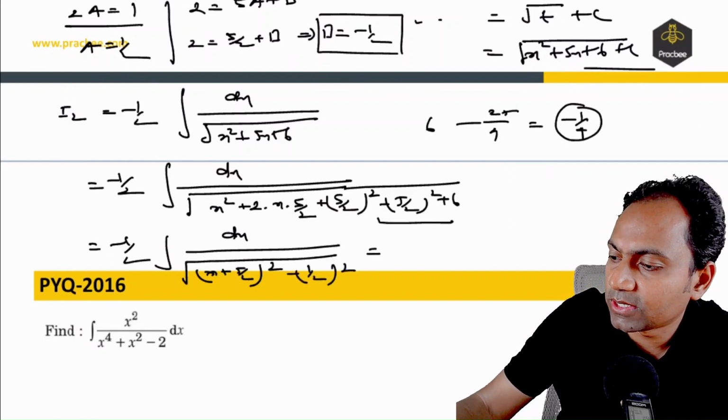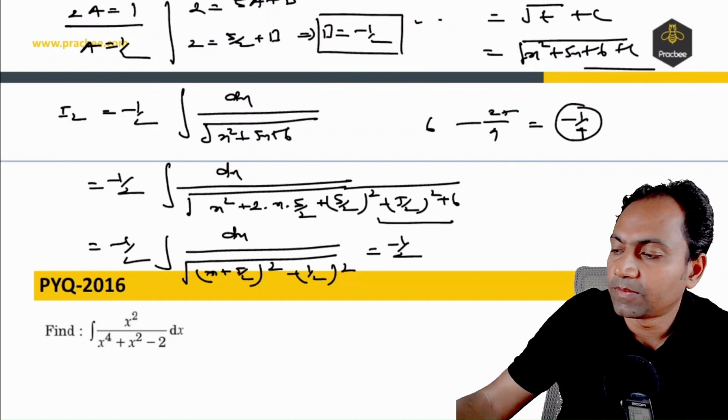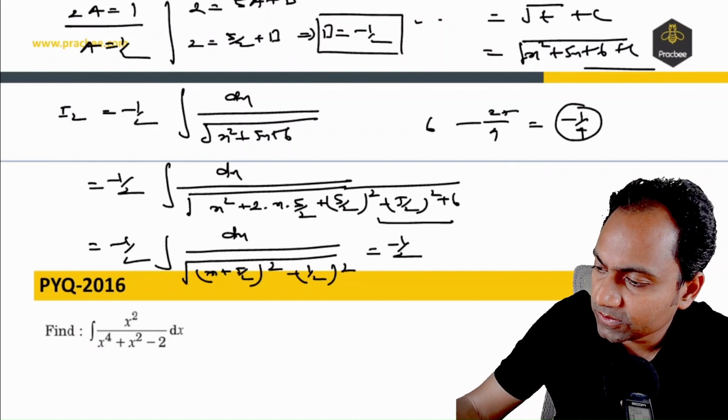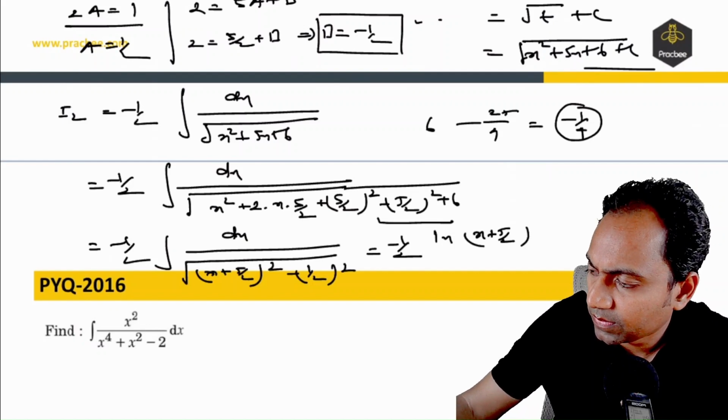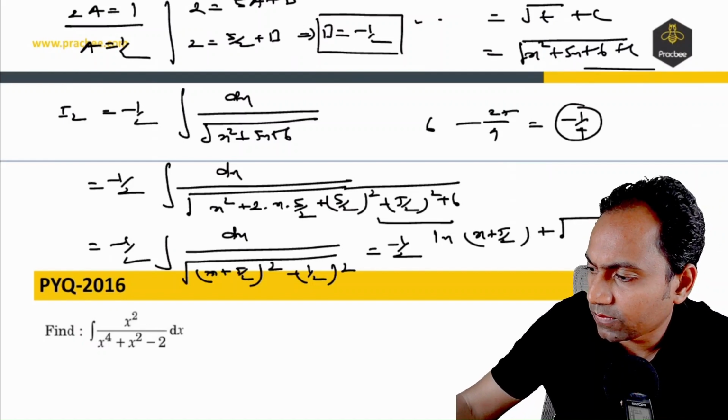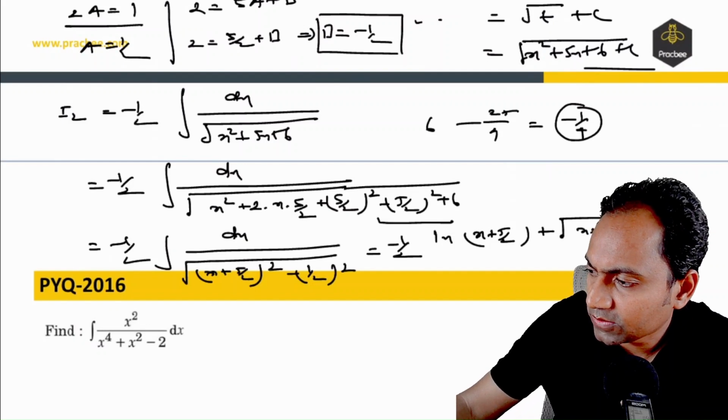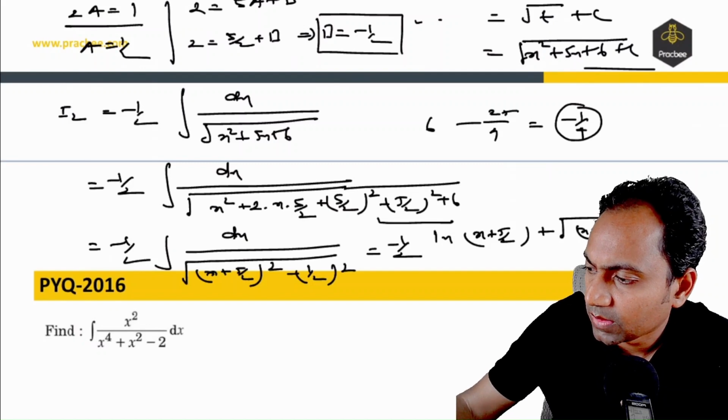And this is again a straightforward integral. If I simplify and write the answer, it becomes ln of x plus 5 by 2 plus root of (x plus 5 by 2) whole square minus (1 by 2) whole square. And this is the answer.